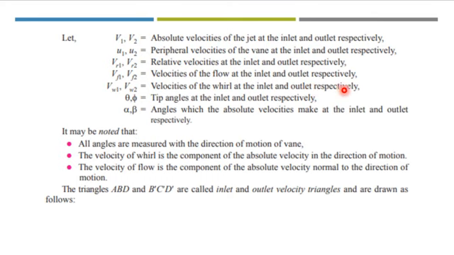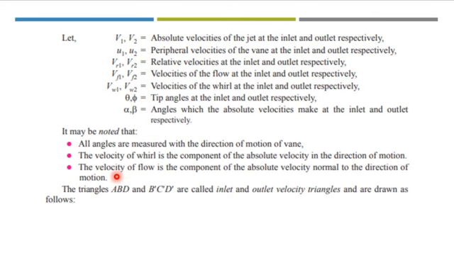VF1 and VF2 are velocities of flow at inlet and outlet respectively. VW1 and VW2 are velocities of whirl at inlet and outlet respectively. Theta and phi are tip angles at inlet and outlet respectively, and alpha and beta are angles which the absolute velocities make at inlet and outlet respectively.